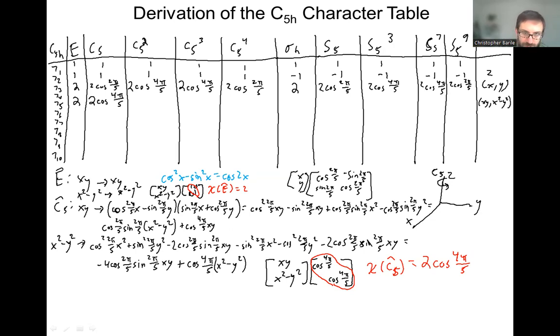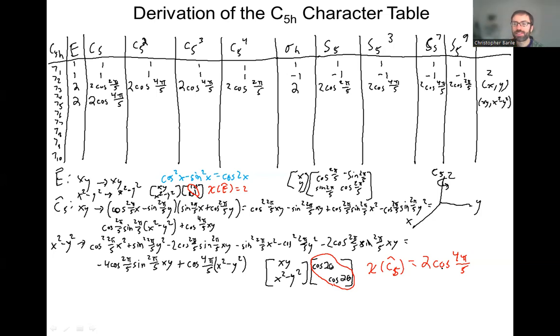And so if you think about this generically, if we just put a term theta in for all of here, we could write this very generically, where instead of having cosine 4 pi over 5, we have cosine of 2 theta coming from this cosine 2x, where theta is the amount that we rotated by.